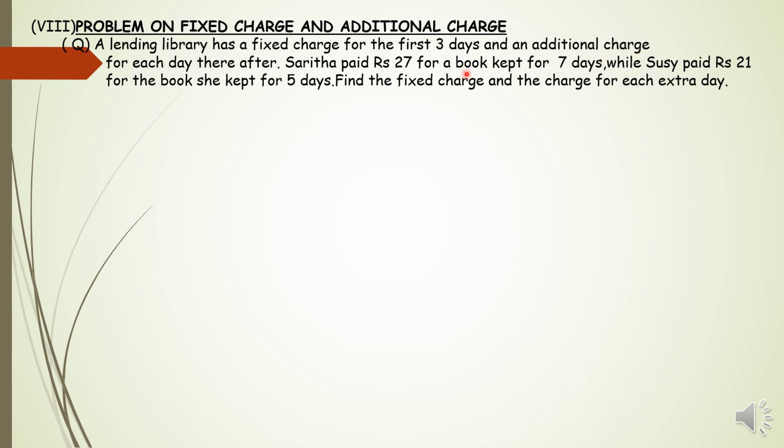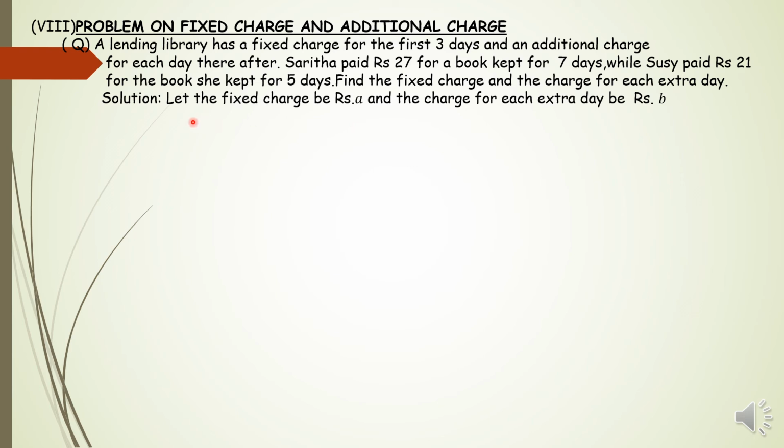Continue with the question, while Susie paid rupees 21 for the book she kept for 5 days. 5 days means 3 days you pay the fixed charge and the remaining 2 days you pay the additional charge. Find the fixed charge and the charge for each extra day.